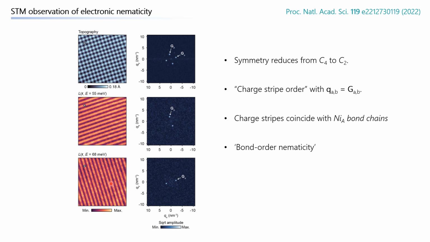So each one of them is commensurate with the nickel lattice along one of the nickel bond chains in a given direction. So taken together, we call these patterns an example of bond order nematicity. And here nematicity refers to an electronic phase which preserves the lattice translational symmetry but breaks the rotational symmetry.